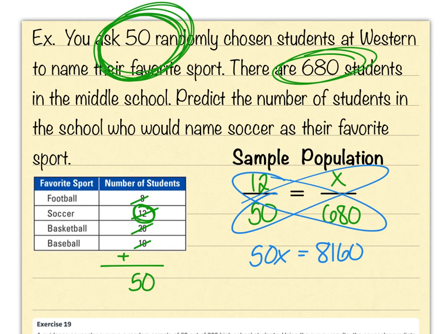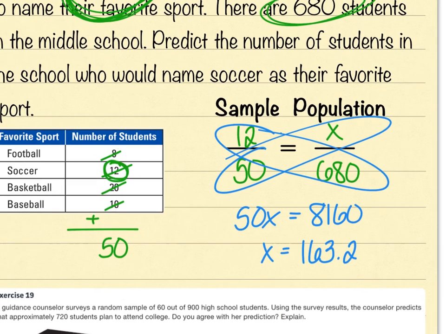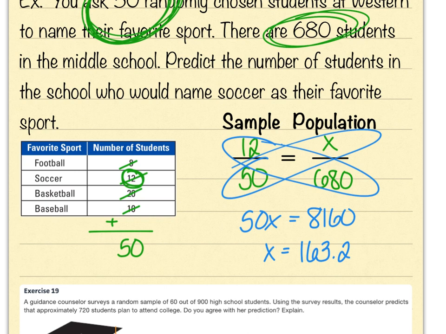And then I'm going to divide that by 50 to get 163.2. So I'm going to say, because you can't have 0.2 of a student, I'm going to go ahead and say just 163, that's what it would round to, because 0.2 stays low there. 163 students are going to say they like soccer as their favorite sport.